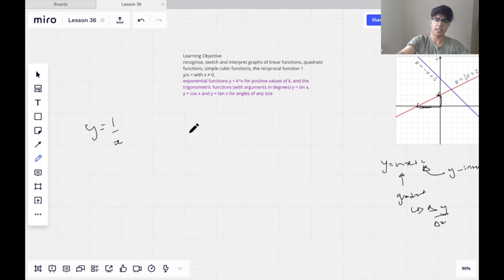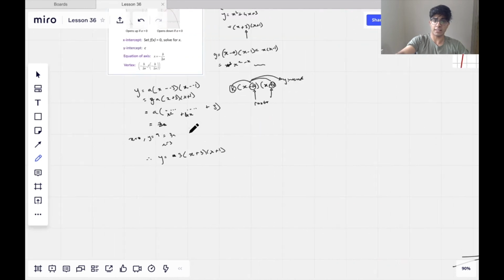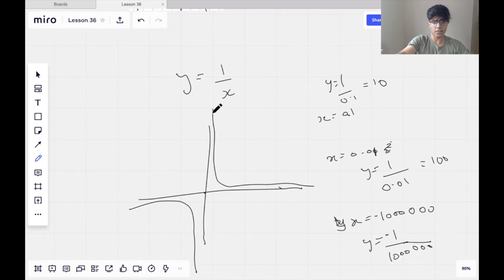As I said, as x tends to 0, y gets larger and larger. If it tends to 0 from the positive side, it tends to positive infinity, and if it tends to 0 from the negative side, it tends to negative infinity. But to be honest, you don't need to know in depth why that happens. It's important to be able to recognize that this is a y equals 1 over x graph.